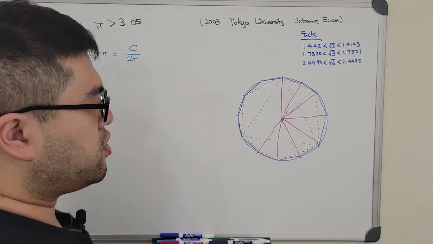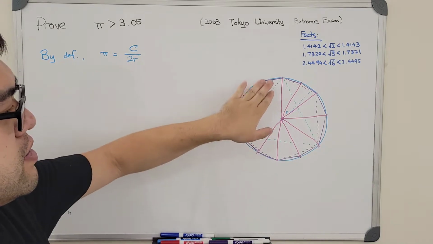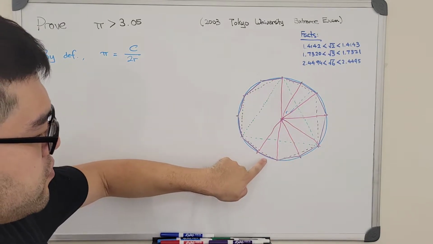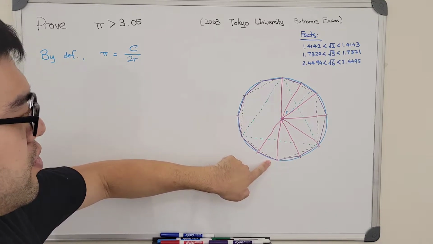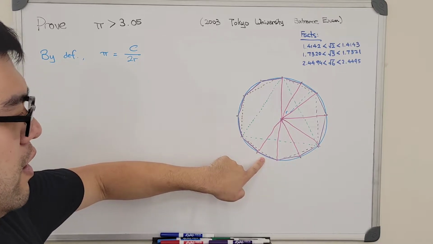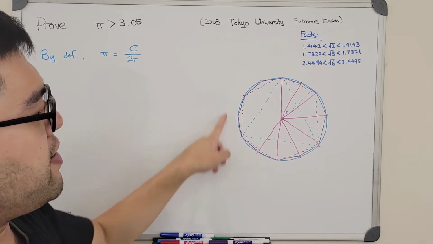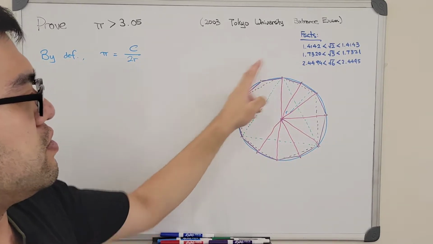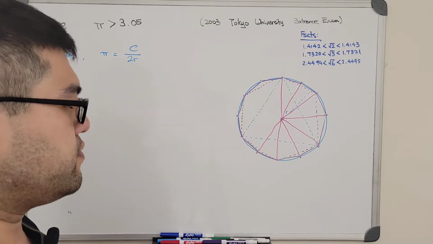I'm not going to draw all of them, because since this is a regular polygon, the length of each edge is the same. So now we just need to figure out the length of one of the edges, and then multiply by 12 to get the total length, known as the perimeter of the regular polygon.